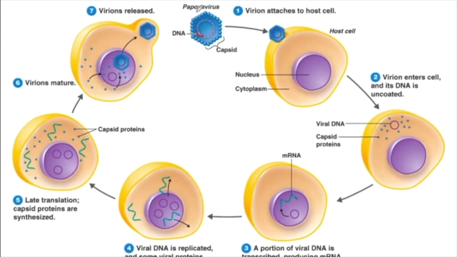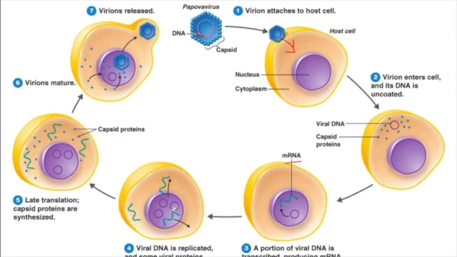So this is a naked virus. Once it enters the cell, the capsid will disintegrate, and then the viral DNA will take over the machinery of the cell, make messenger RNAs that would encode for early viral proteins, and then use the viral proteins that have been synthesized to make copies of itself.